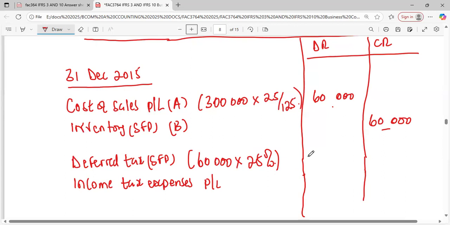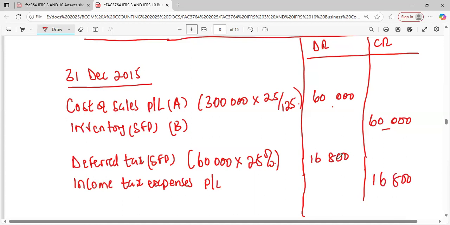How much is going to be our income tax? 16,800. Yes, 16,800. So this is going to be our income tax.